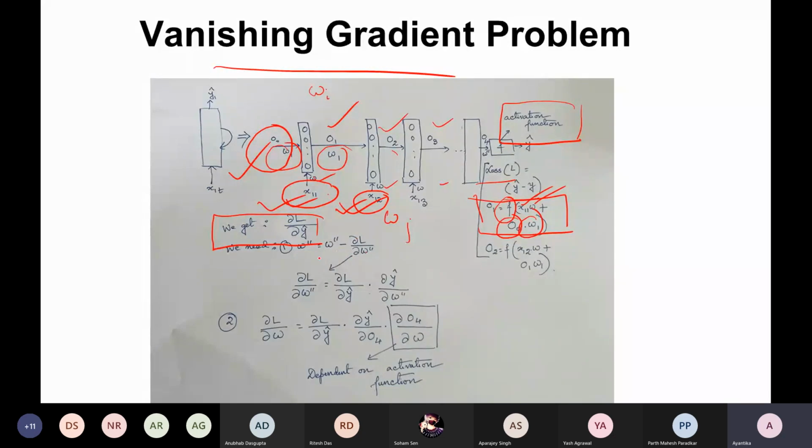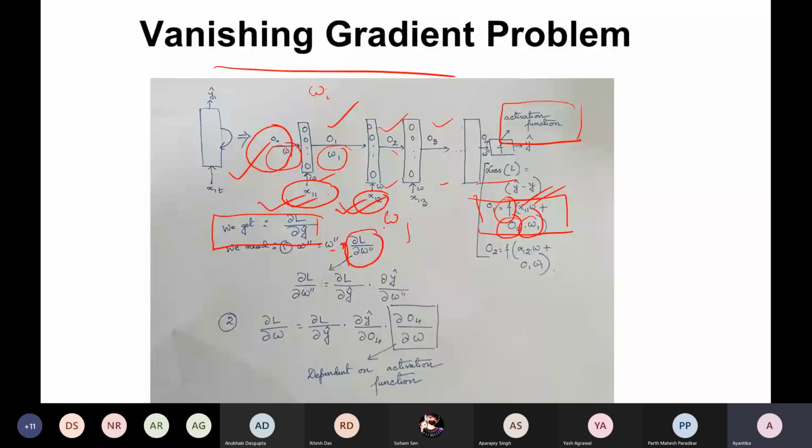Maybe there is some constant factor, maybe a learning rate. I have not written this, but I'm interested in checking what will be the change in my loss for a particular value of weight.